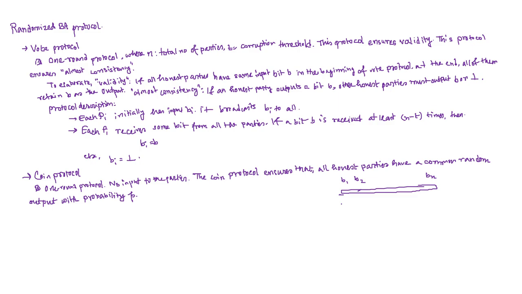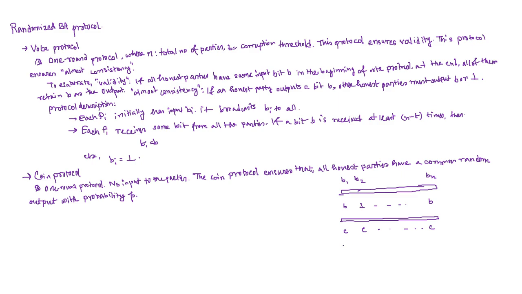At the end of first round vote protocol, the honest parties will have either B or bot, right? And then the coin protocol does not take any input to it, but at the end of coin protocol all the bits of honest parties will be same irrespective of their initial input. So all of them will have a same common output C with probability p.